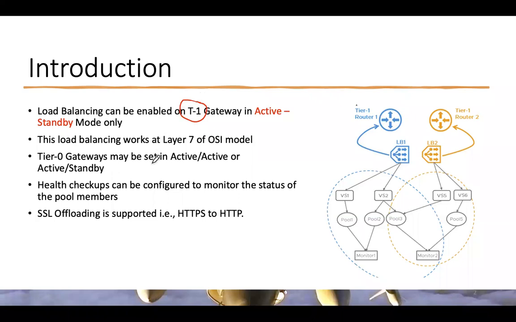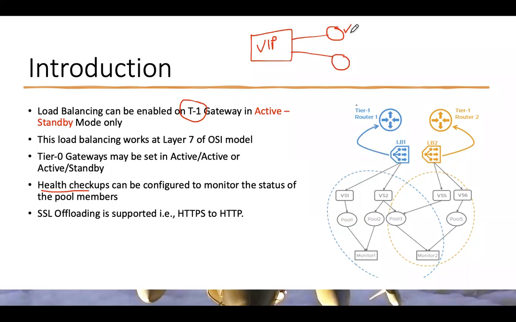That's the basic principle about configuring load balancers on NSX. And like any other load balancer, we can configure health checks. What does it mean? If you have a load balancer with a VIP which is load balancing the traffic between two servers, we can configure health monitors on this VIP to make sure that the pool members it is trying to load balance are in a healthy state or not.